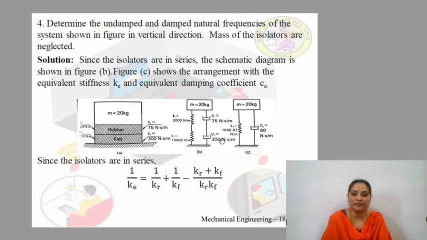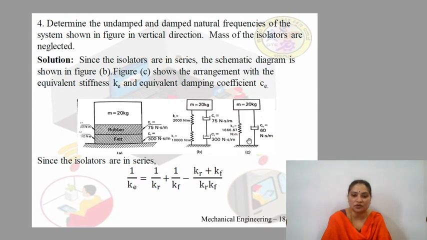Now figure B can be further simplified since they are in series. Since the springs are in series and the dampers are in series, their equivalent spring stiffness and their equivalent damping coefficients can be simplified and obtained as Ke and Ce.